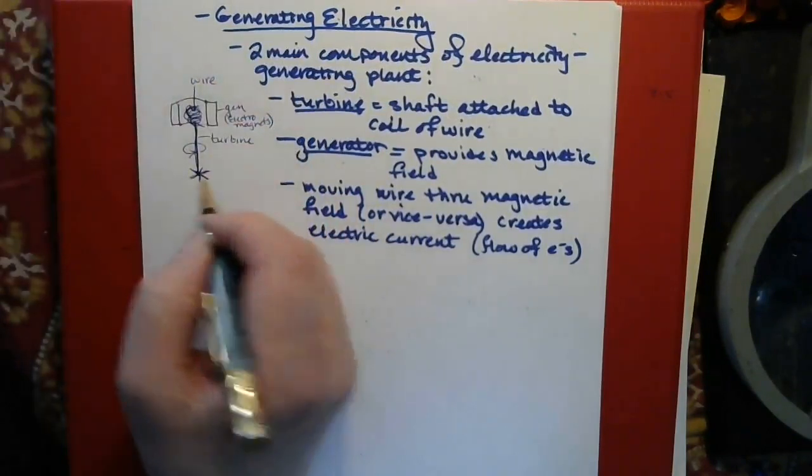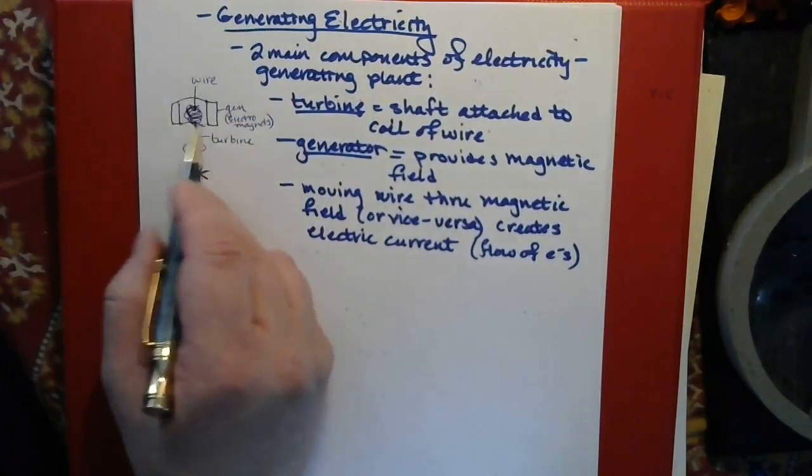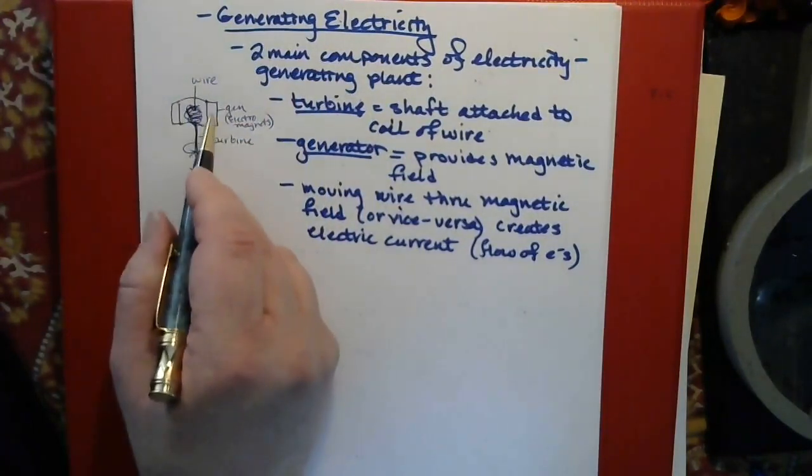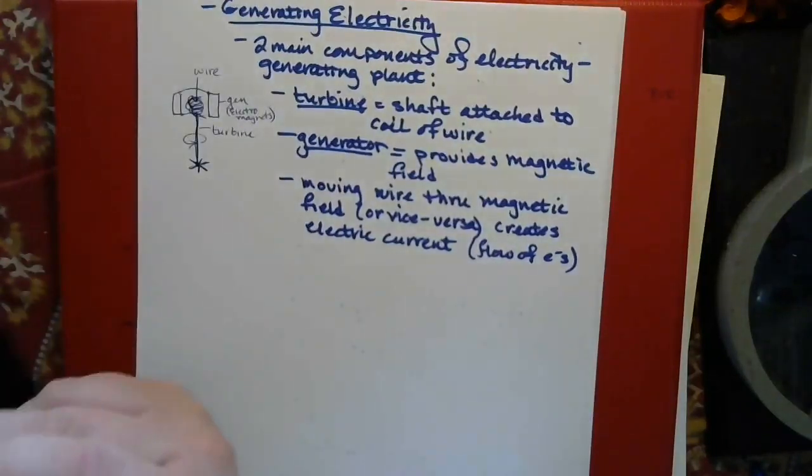So something that comes along and causes the turbine to spin will have the effect of spinning that coil of wire in the magnetic field, and that produces a flow of electrons.